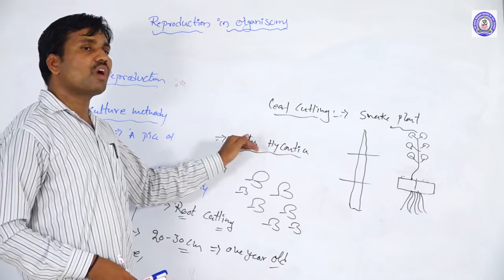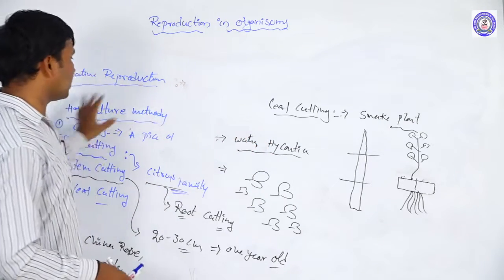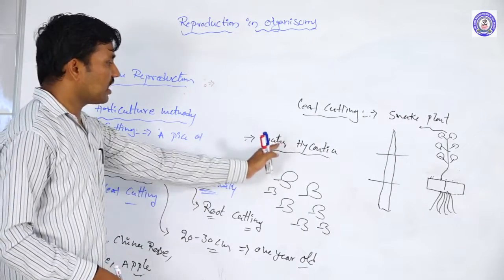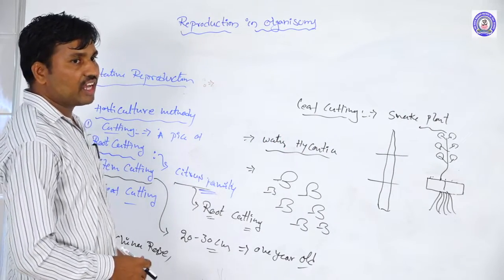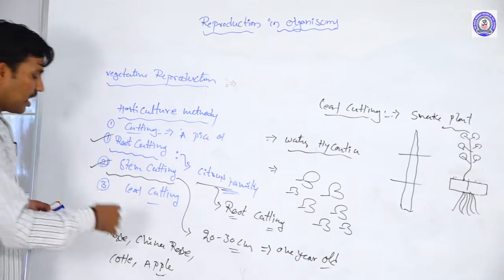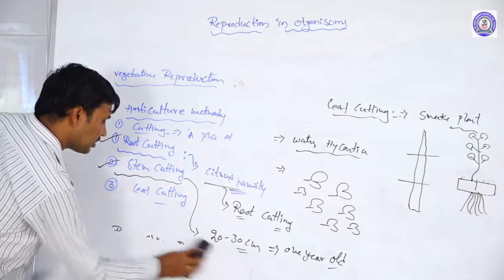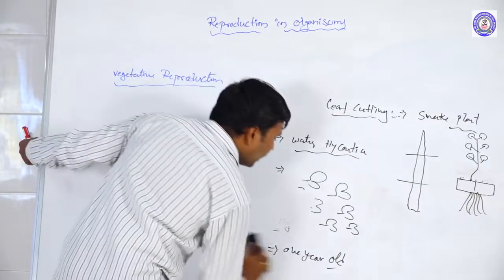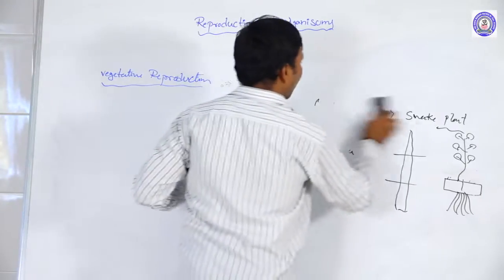This is one of the exceptions of vegetative reproduction, not horticulture. And the horticulture methods, along with the cutting processes, also include layering methods.